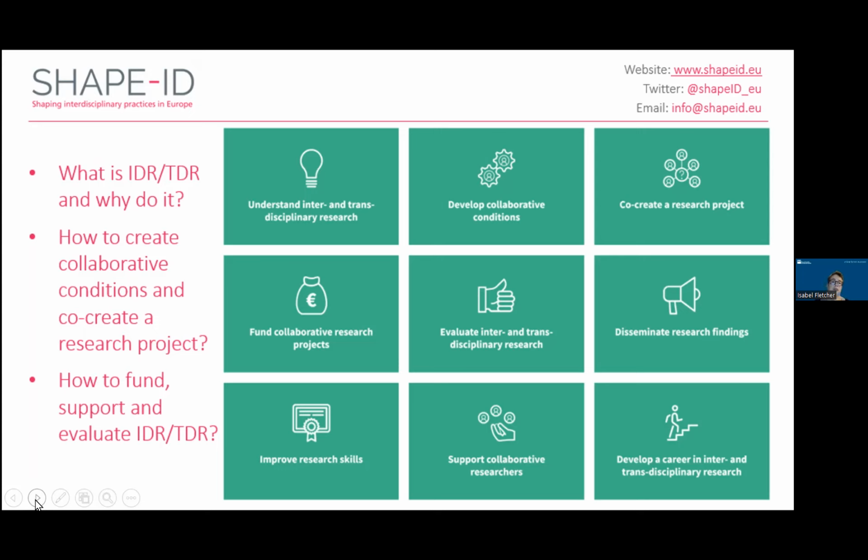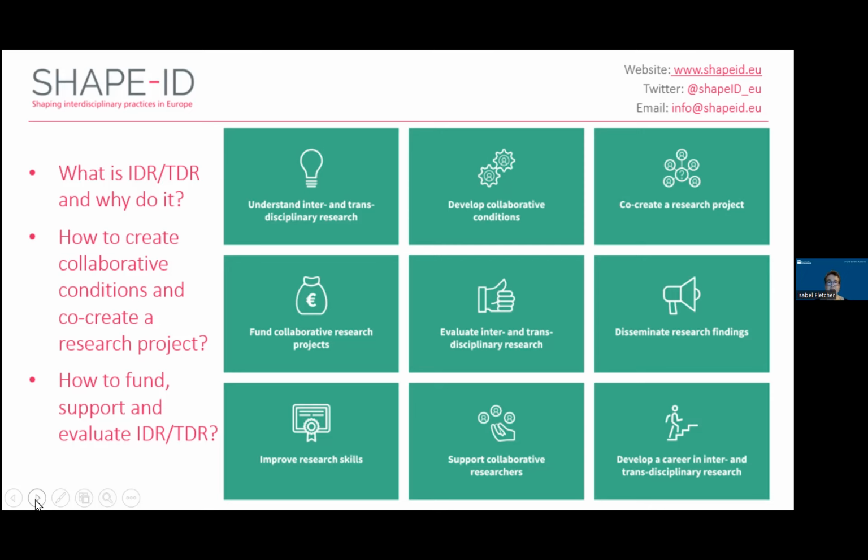What is interdisciplinary research and why do it? How to create collaborative conditions and co-create a research project, and how to fund, support, and evaluate interdisciplinary research and the researchers who work in these fields.